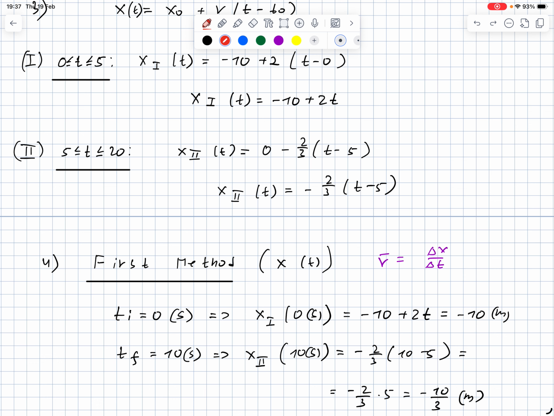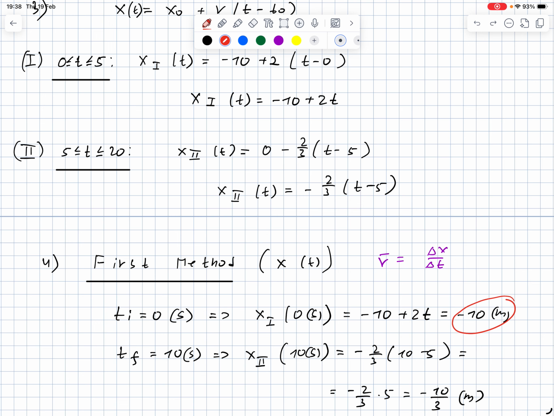For the initial time, we need to use x of t of the first segment, and we substitute t with 0 seconds. That's why we have this value for the initial position of the object.